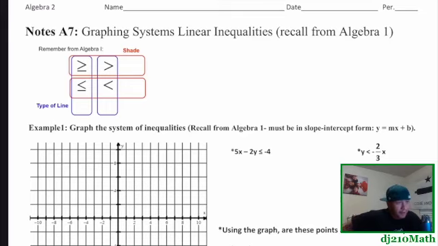All right. Graphing system of linear inequalities. So the idea is that you graph the line, right? We should all know how to graph a line from Algebra 1. Y equals mx plus b. That's a line. All right. So here's the deal.